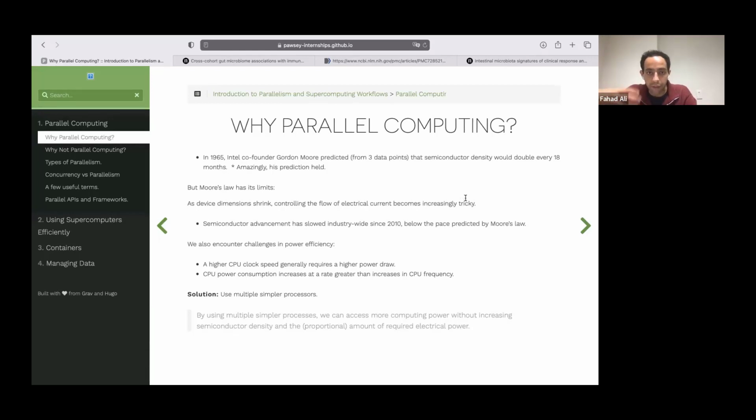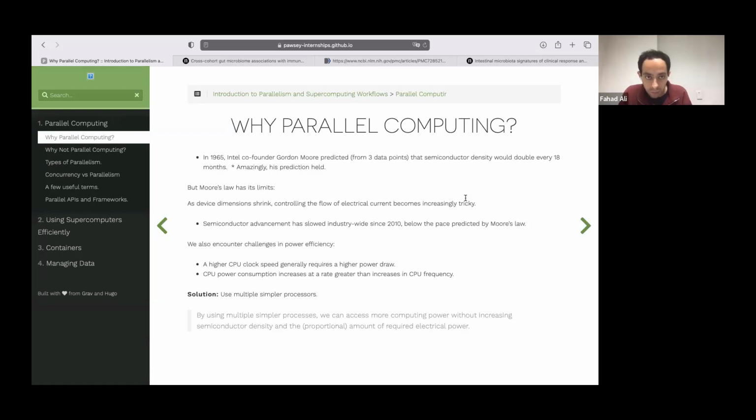That's basically the prediction that was made several decades ago that the density of semiconductors, or the amount of semiconductors that you could fit onto a single chip, would double over time every 18 months. And that has been largely the case. So from when this law was postulated till now, we've seen a doubling of the capacity of computers' chips to carry semiconductors.